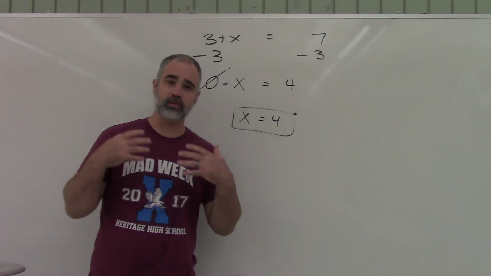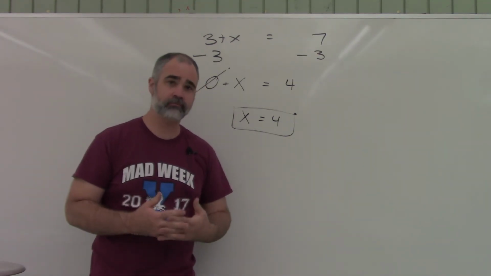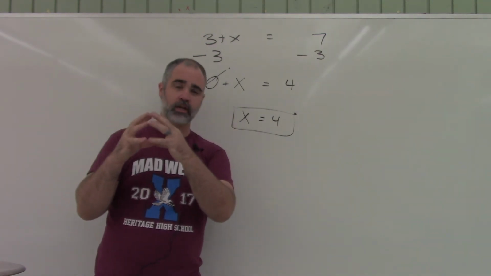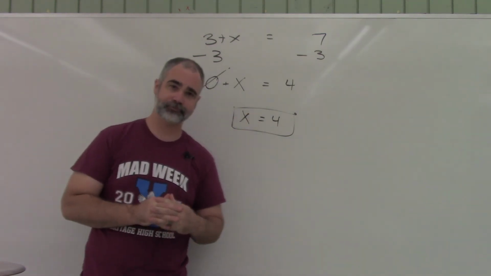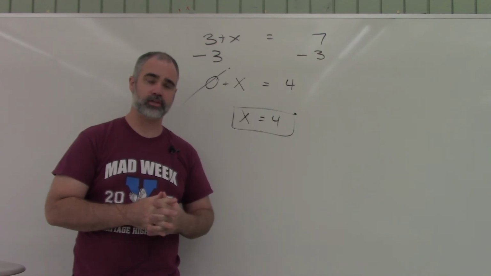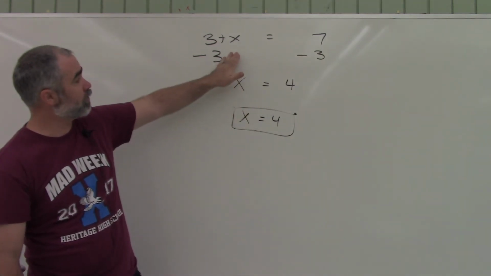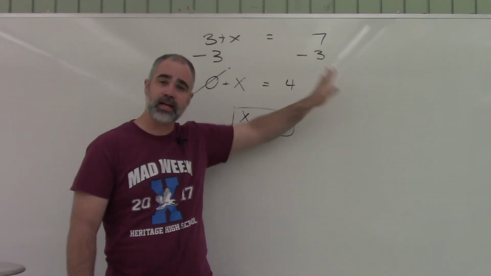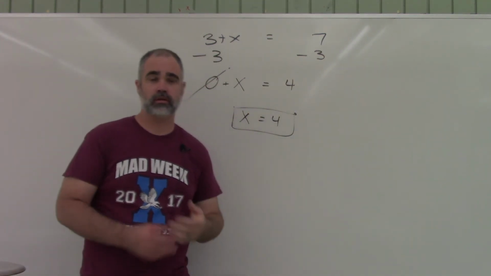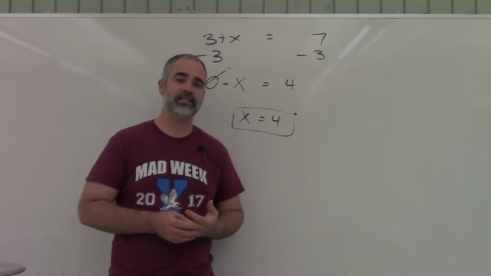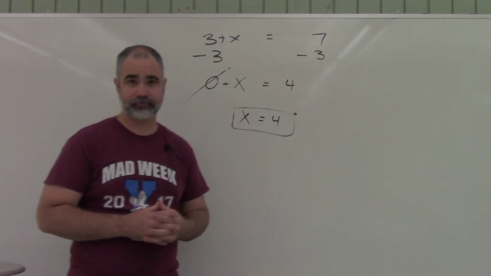And that's the idea. If you think about the equal sign being a balance beam, and whatever you're doing to one side, you must do to the other side, you're going to be in great shape. In fact, this whole concept of doing the exact same thing to both sides, because you're trying to keep it balanced, it's the golden rule of math. Okay?